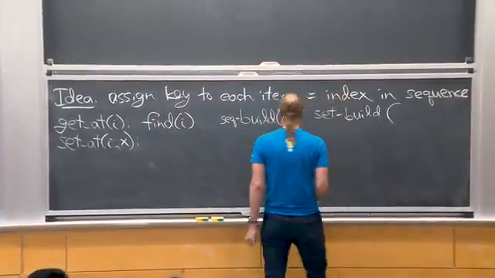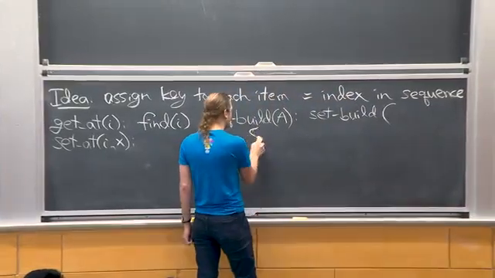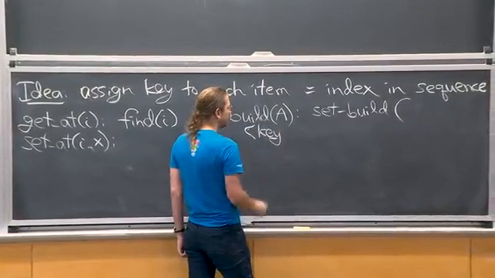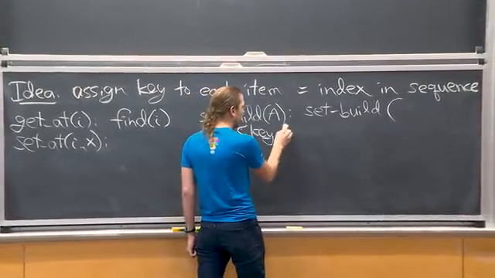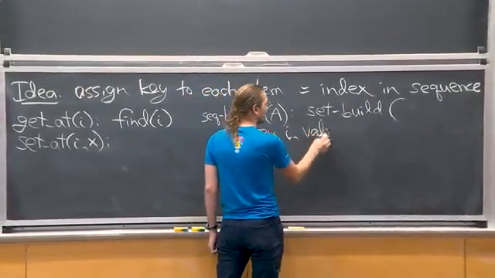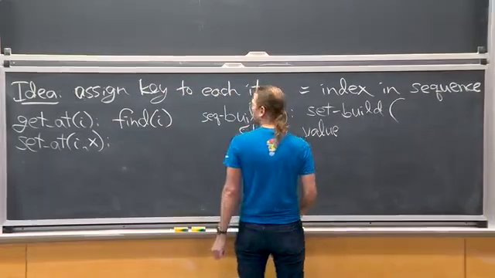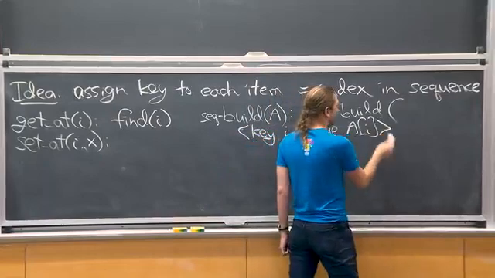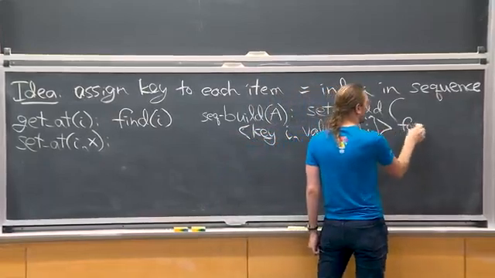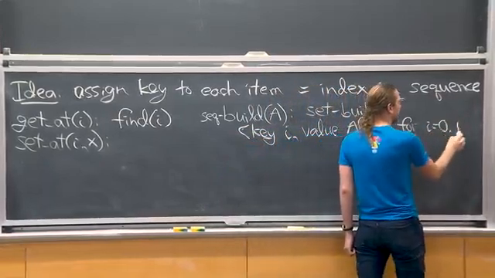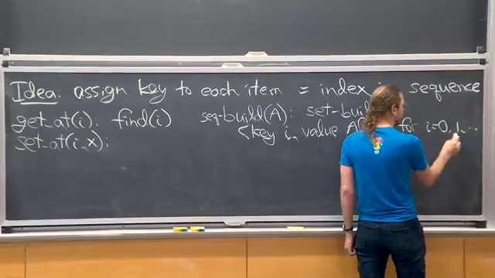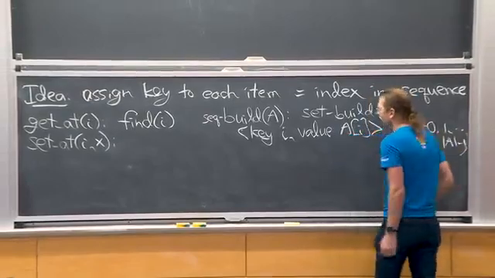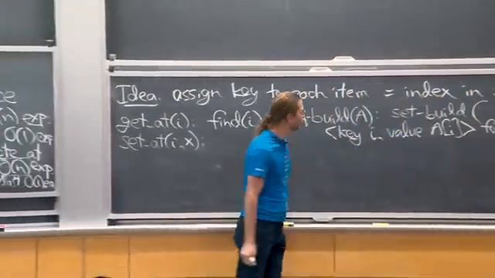I'll use some shorthand notation here. Let's say I want to make an object that has a key equal to i and a value equal to A of i, for i equals 0, 1, up to size of A minus 1. That's a little bit code-like, but not quite literal code.